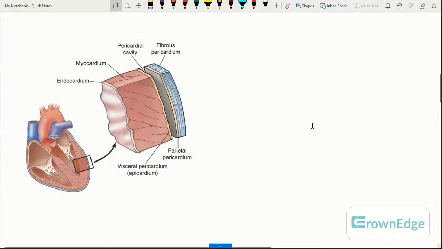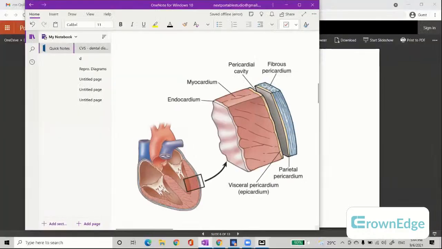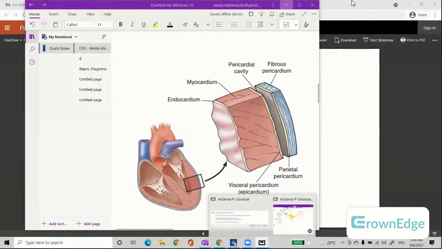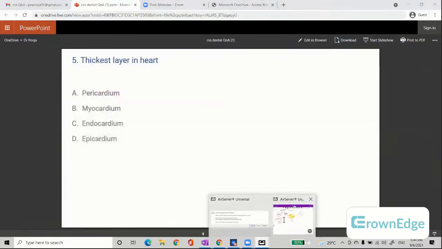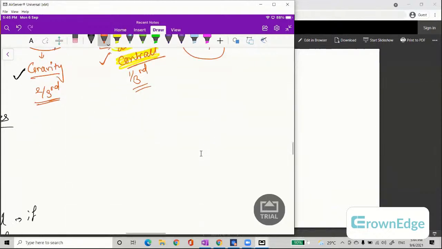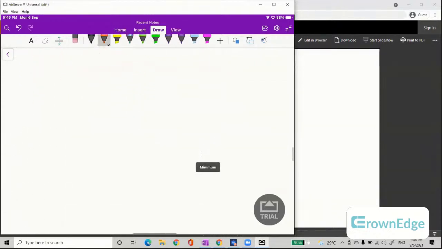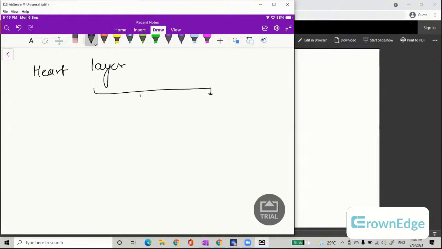So if I have to write this down, how can I write this down? See, there are different layers of this, right? What are the different layers of the heart? So heart, there are three main layers. What are the three main layers?